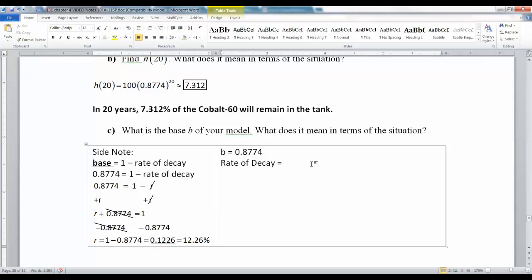So our rate of decay is 12.26%, and that's what you use to explain it. So you say every year we lose 12.26% of the cobalt-60 in the tank, right? You're losing 12.26%.